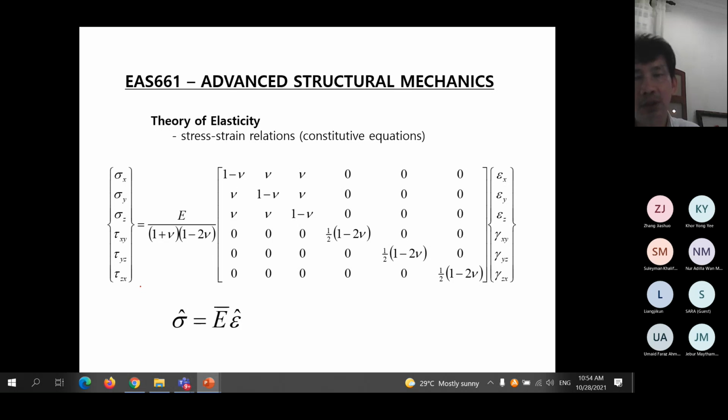So we have 6 equations from stress-strain relations, 6 equations from strain displacement relations, and 3 equations from equilibrium equations. So you have a total of 15 equations and 15 unknown variables. So in principle, you can solve the problem.